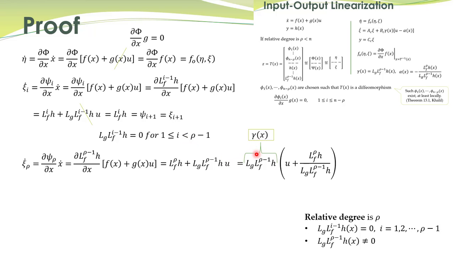So if we call this thing gamma of x and this one minus alpha of x, then these equations which we have written over here, rewritten here: zeta 1 dot is equal to zeta 2, zeta 2 dot equal to zeta 3, and zeta rho minus 1 dot is equal to zeta rho, and zeta rho dot is equal to gamma of x u minus alpha of x.